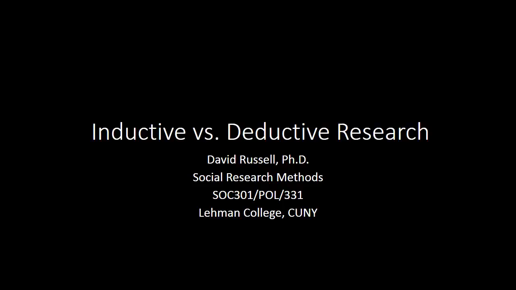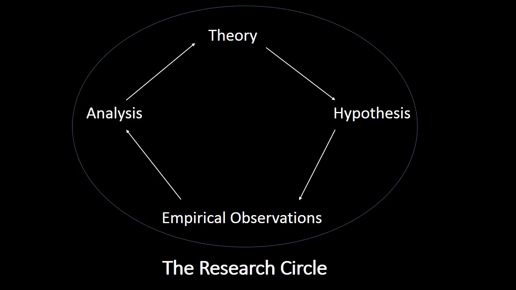So before we talk about the difference between inductive and deductive research, I want to introduce you to the research circle. The research circle is a visual diagram that represents the research process. There are four basic components of the research process. Theory, which represents a set of ideas that help you explain a particular social phenomenon.